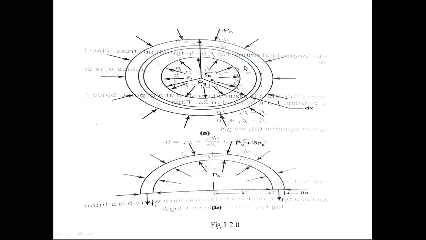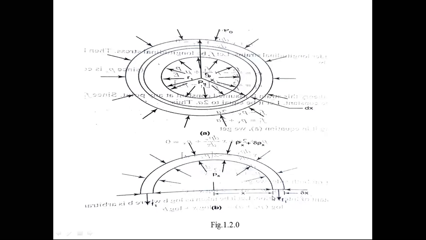Now consider a concentric circular elemental ring of thickness delta x, and the pressures will be acting on the cross section. Take half of the cross section like this, with internal fluid pressure px. This is the elemental length dx. I want to derive the equation for the elemental length dx.